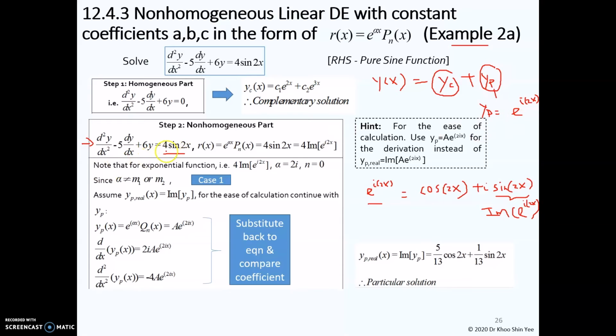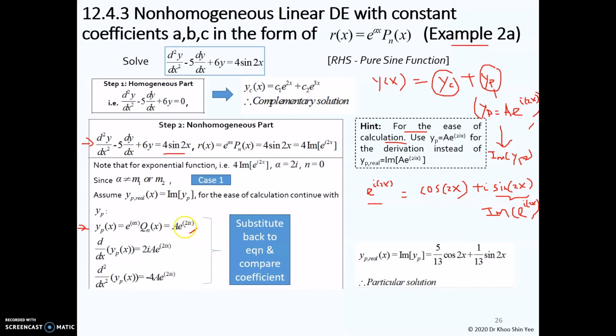And the polynomial is a constant here, therefore we can put a to represent the constant polynomial. For the ease of calculation, we will continue the calculation with this format. Later, after we solve the yp, then we will look at the imaginary part for the yp to find the actual solution. Therefore, the yp is equal to ae power of 2ix in this case.